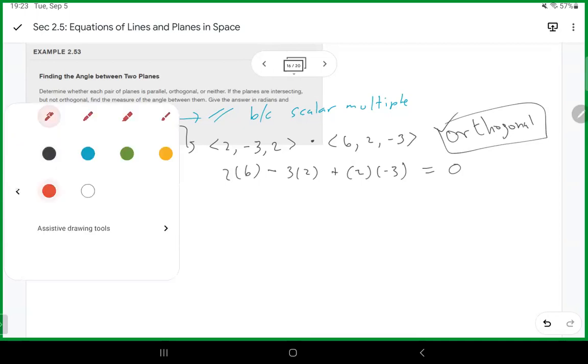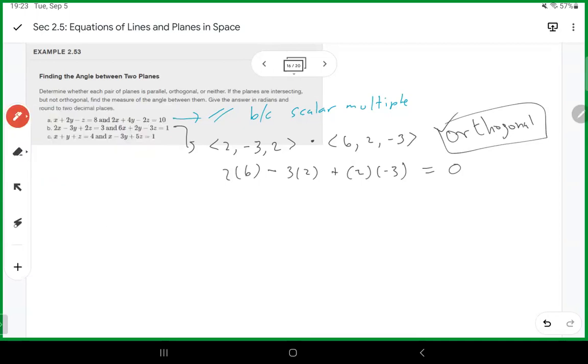All right, so C, we have normal vectors as n sub 1 equals 1, 1, 1. That's coming from here. And then your n sub 2 will be 1, -3, 5. Okay. So we're going to do cosine theta.